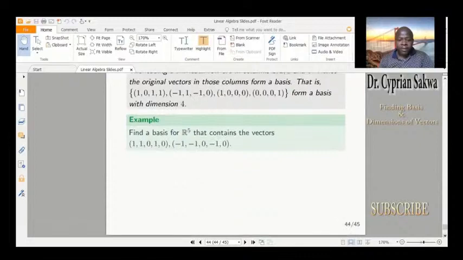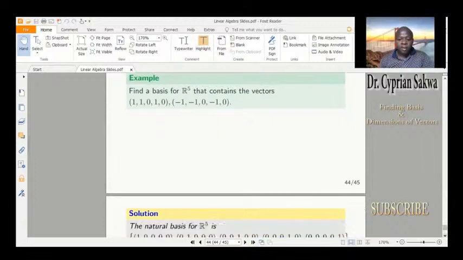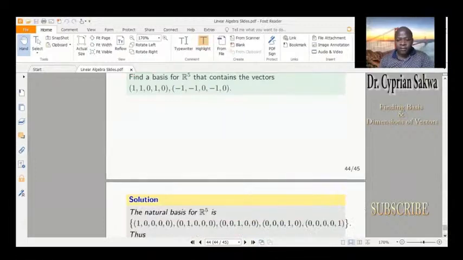Okay, let's look at this example. Find a basis for R5 that contains this vector and this vector. Now we must know the natural basis for R5.